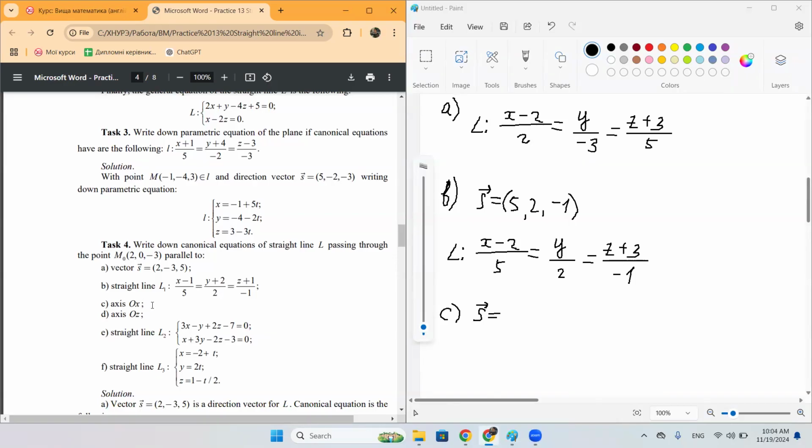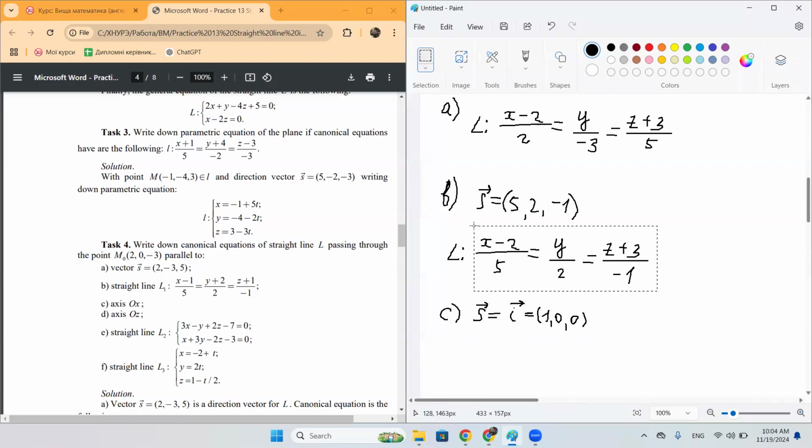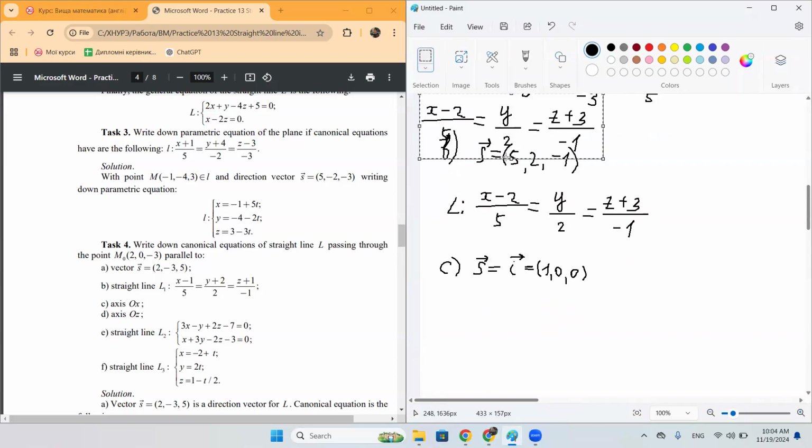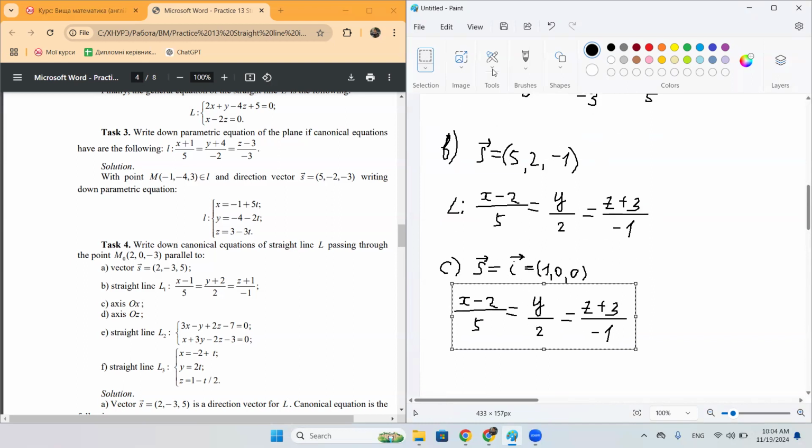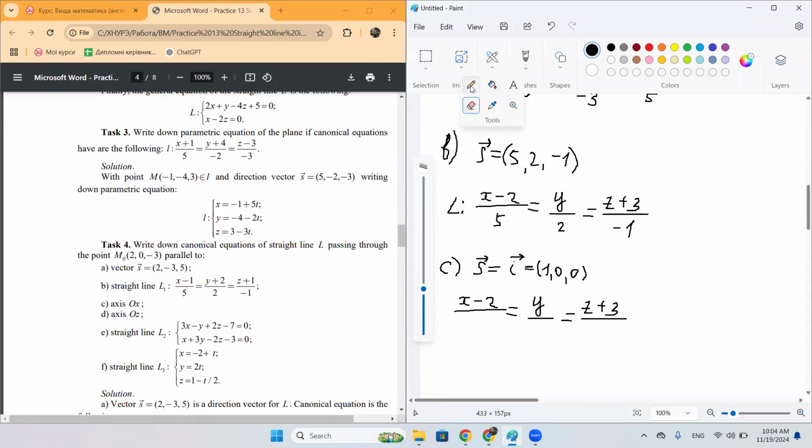As the straight line is parallel to axis OX, we can take the unit vector i as the direction vector. And the equation will be the following. So 1, 0, 0, and that's it.